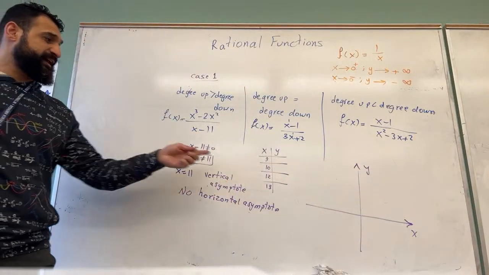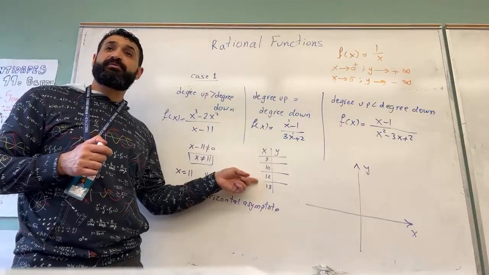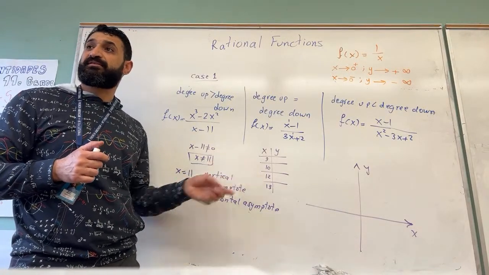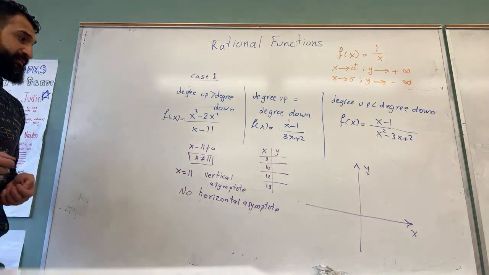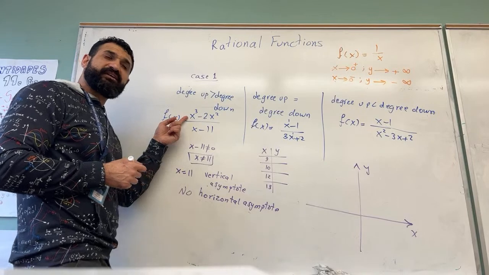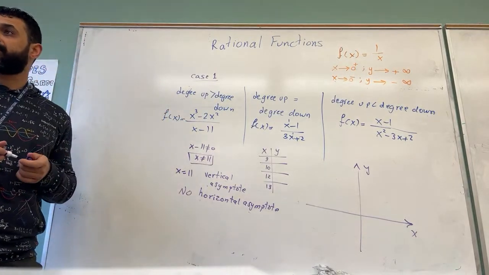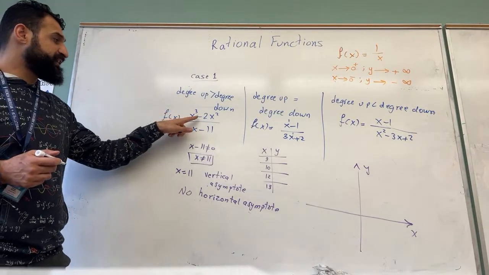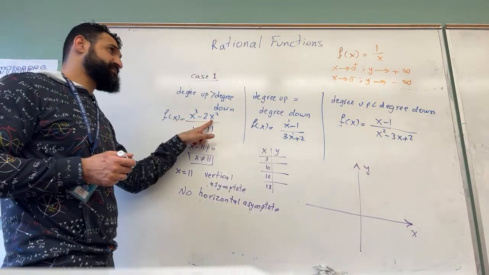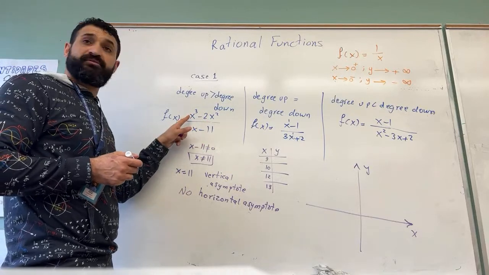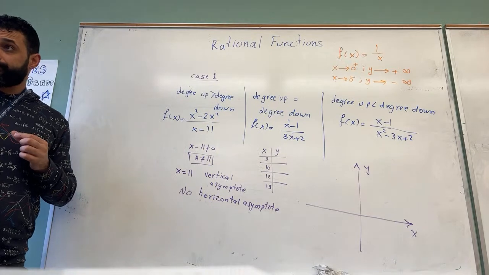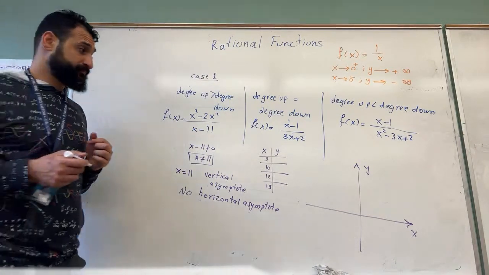Please, somebody calculate 10, I need your help, guys. Don't do the first one, try to start from the end. Use a calculator for the time. 9 cubed is 729. 729 minus 2 times 81, minus 162, divided by negative 2. 567. 283.5.